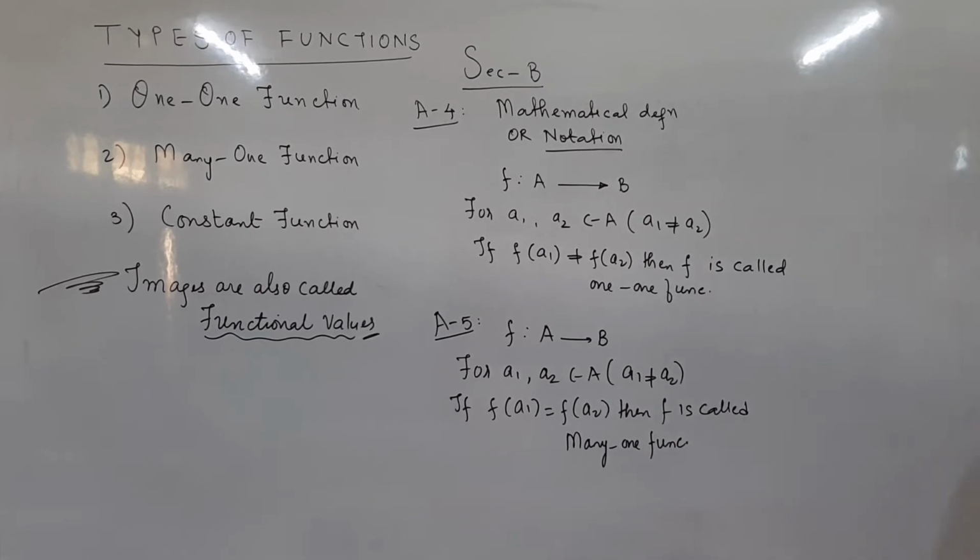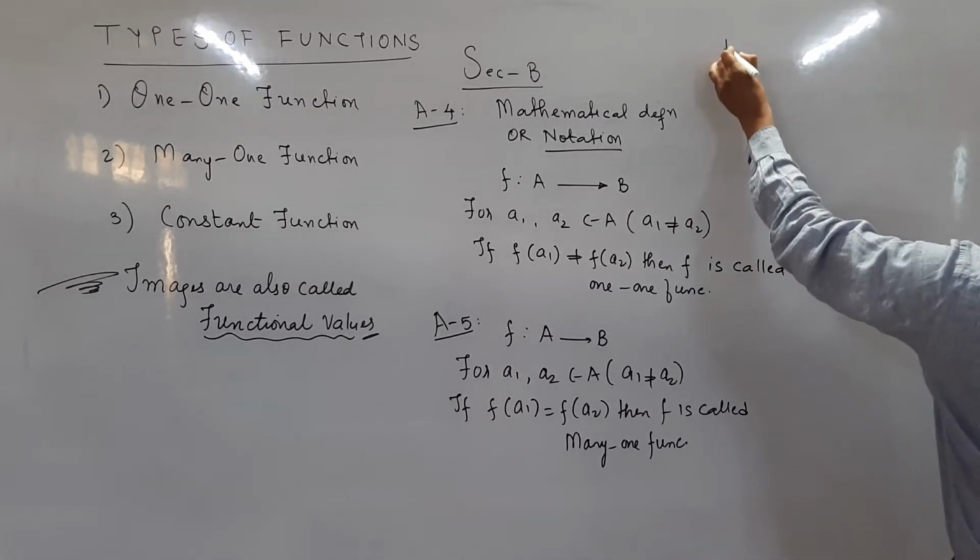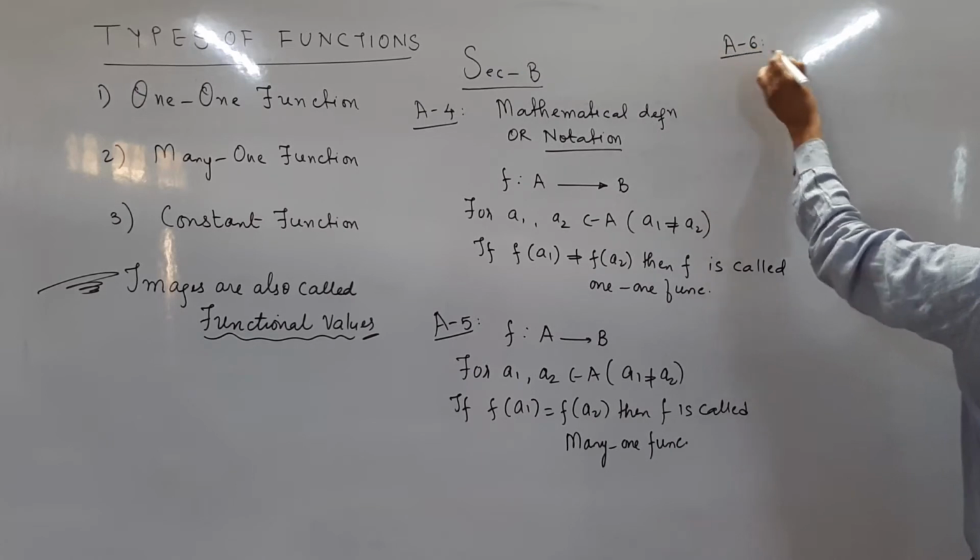So students, in the first three questions of section B, we have again got an opportunity to revise all the basic definitions of function. Answer 6 is the notation of constant function.